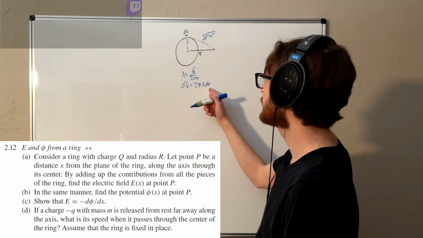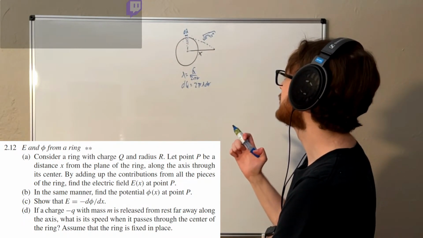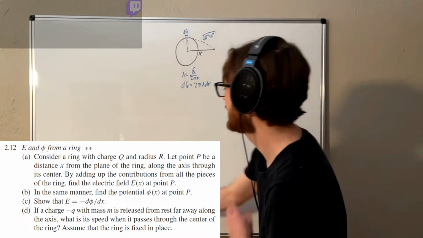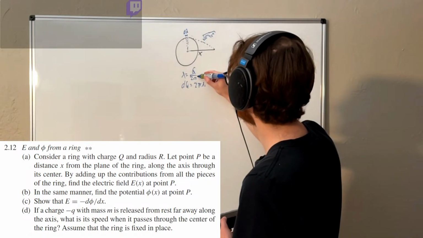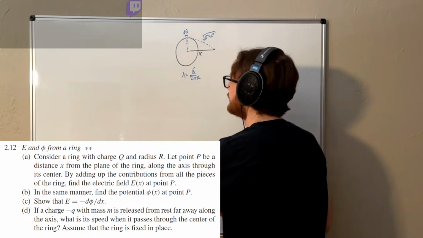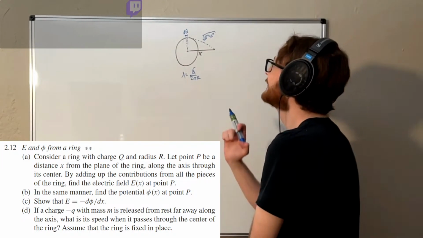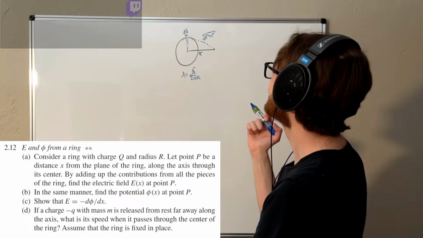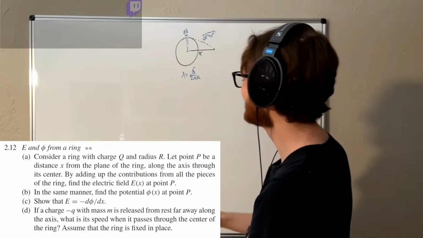Except we're going to want to work in terms of angles here. Are we not? Actually, wait. R is never changing. How did I do this? Are we varying theta?